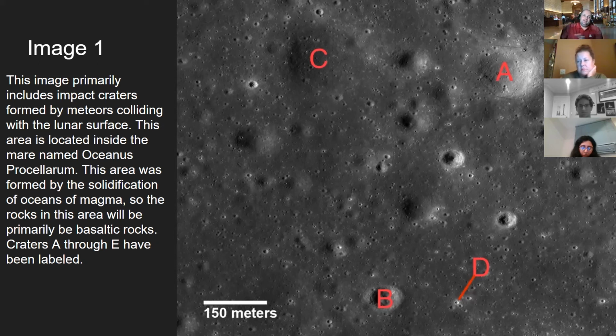You can plot them on this thing that's called an R plot. And that can give you an estimate of the age of that surface. So not necessarily the craters you see, but of the surface in general. So that's how crater counting is used.